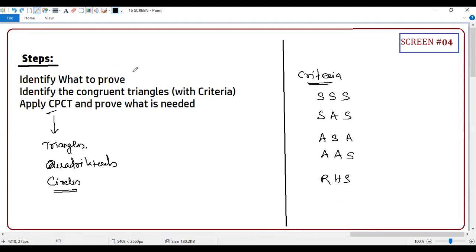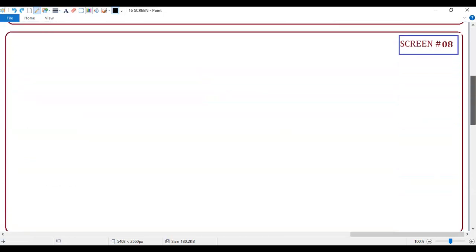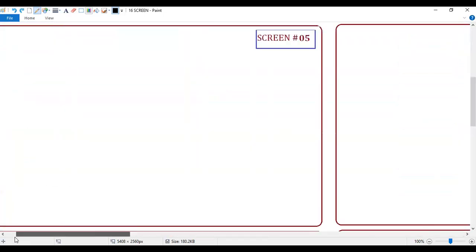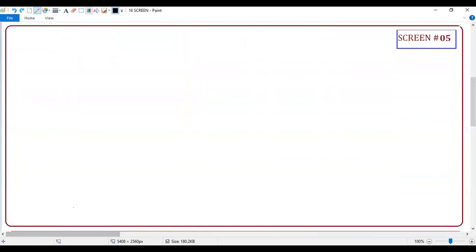According to which criteria? What is my CPCT? That's all, my dear. 3 chapters having one way. 3 steps. These steps are going to be used in these 3 chapters. Sure or not? Everyone? Yes, sir. No doubts?